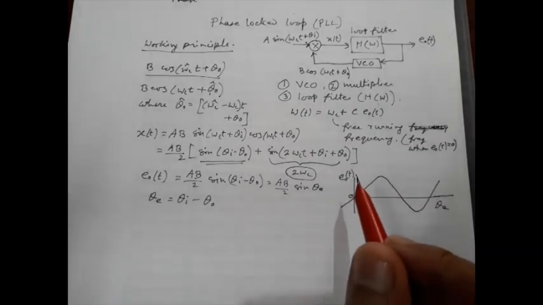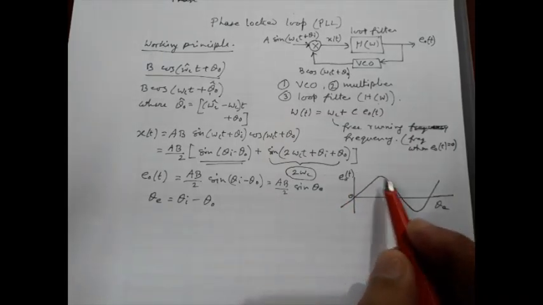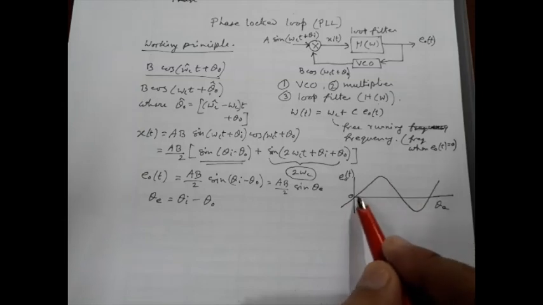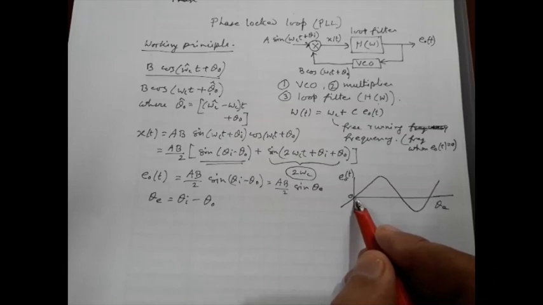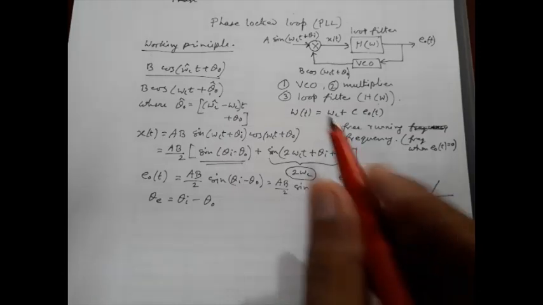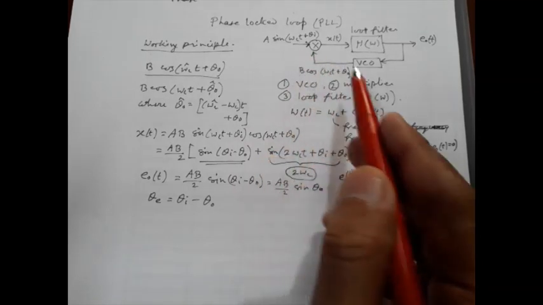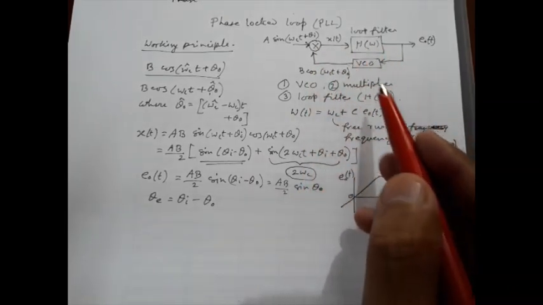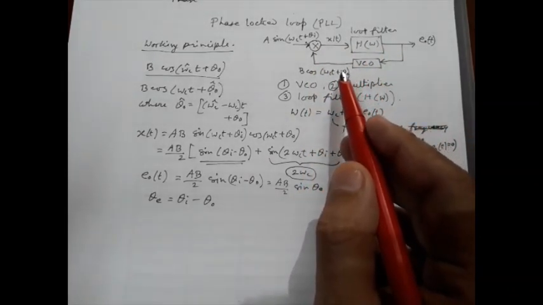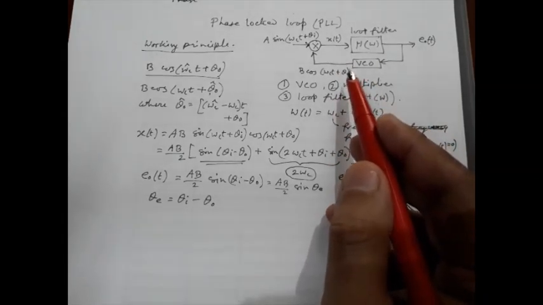Now suppose that the loop is locked. We are now trying to understand the lock procedure, how it gets locked. To understand this, first we will consider what happens when the loop is locked, and then we'll try to understand if the signal frequency or phase changes a little bit, how this circuit or the feedback system makes necessary changes to make the system again locked.